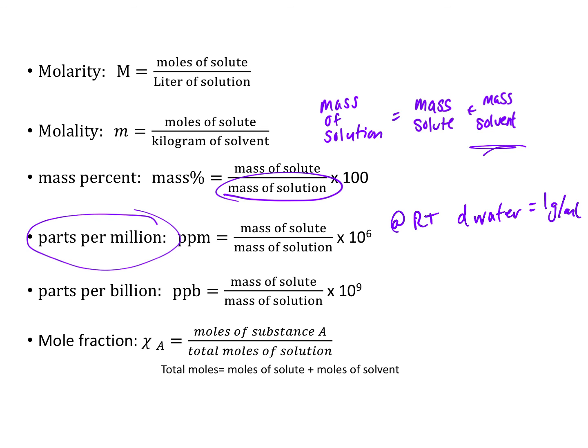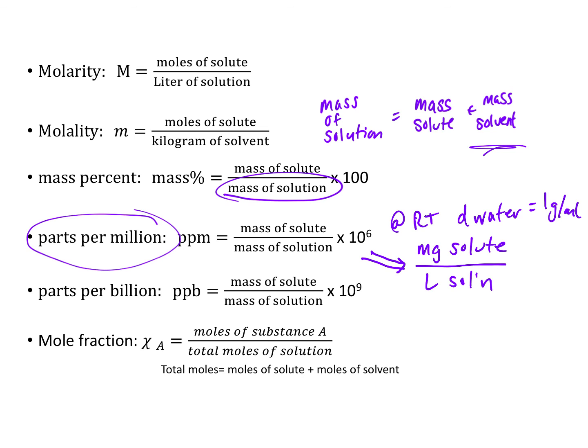So another way we can then think about parts per million is units of milligrams of solute per liter of solution. Milligrams per liter.